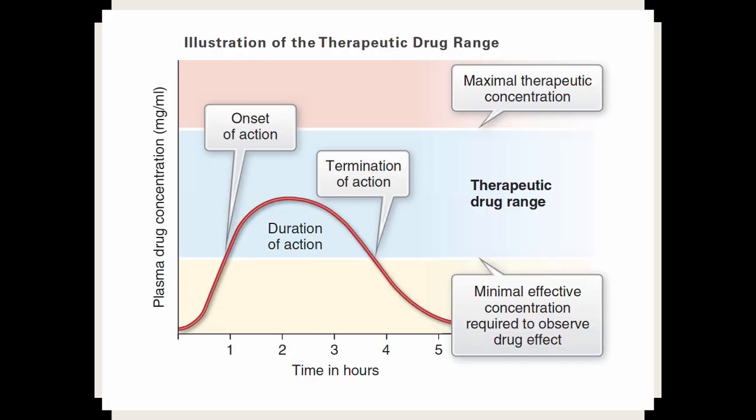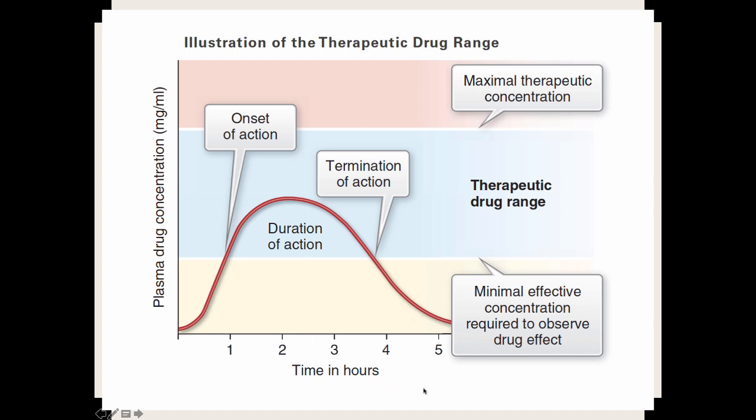Of all these medications, we're going to introduce another couple terms. One of those is the therapeutic drug range. This blue area is the area we want to be in. So I give a medication, and the drug concentration in my blood, here on the y-axis, goes up and up and up and peaks at some point, right?